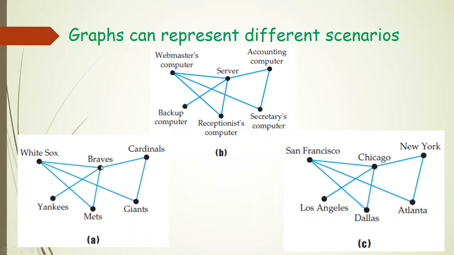So White Sox and Braves, for example, there is an edge connecting these two if they played a match. Another is cities here: San Francisco, Chicago, New York, Los Angeles. So, for example, Chicago to Dallas, there is an edge connecting these two cities because there is a flight between them. Something like that. So you can use graphs as models.